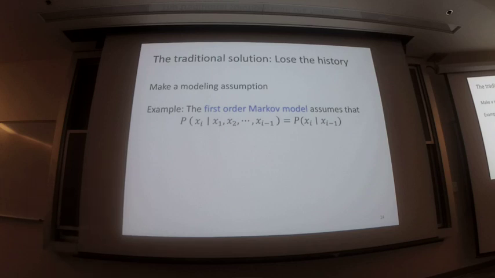We can do better by making a modeling assumption. We use a first order Markov assumption, which states that the probability of item i conditioned on all the terms that come before it is equal to the probability of item i conditioned on the i minus 1 term.